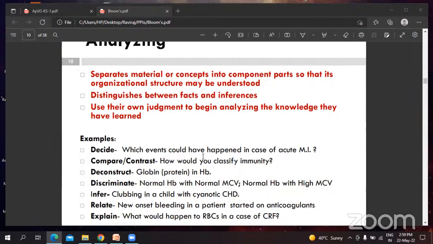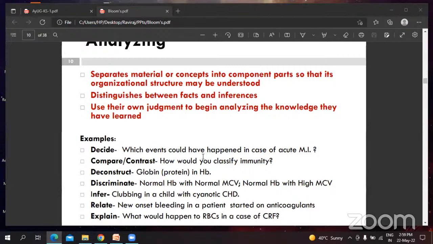So the patient might have had 60%, 70% occlusion previously also, and now the remaining 30, 40% of the coronary artery lumen that was open has been occluded by a thrombus, right? And because of this occlusion, there was a sudden cessation of blood flow to that affected muscle of the myocardium, which has caused the heart attack.